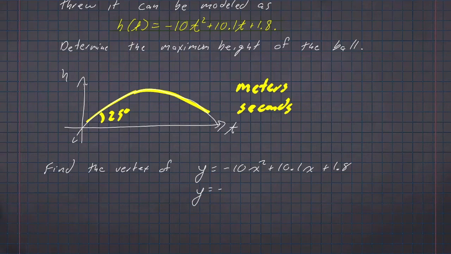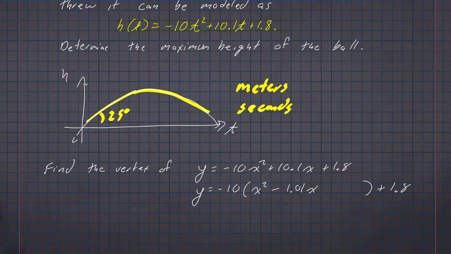We'll factor out the negative 10. We will complete the square on x squared minus 1.01x. Right.